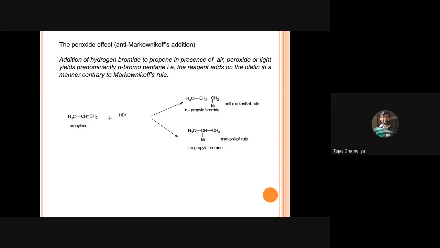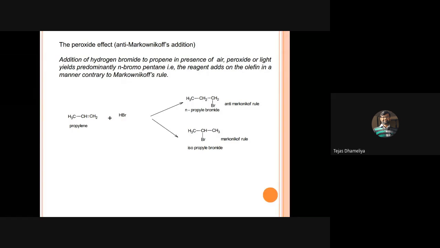When this reaction will occur? I forgot to draw the structure of the peroxide here, but it is in the presence of air, in the presence of light, in the presence of peroxide, such as hydrogen peroxide, H2O2. If we have hydrogen peroxide H2O2, then this anti-Markovnikov peroxide effect is possible.